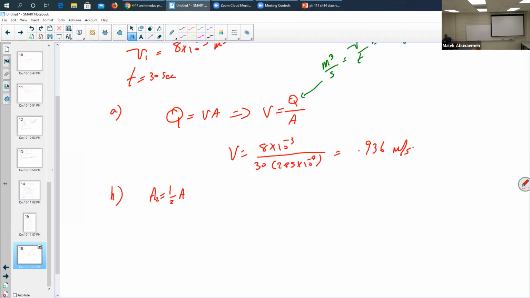That means your V2 is going to equal A1 over A2 multiplied by V1. We gather that A1 over A2 is going to equal 2. So it'd be 2 multiplied by your 0.936. So your speed coming out is 1.87 meters per second. It's actually faster.